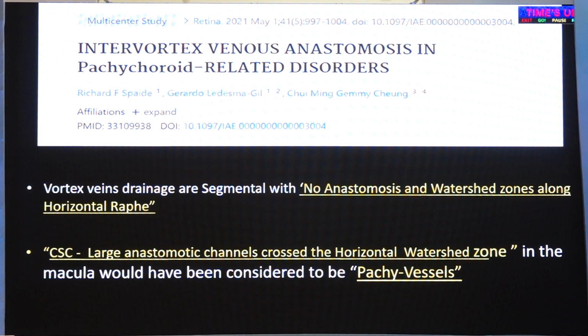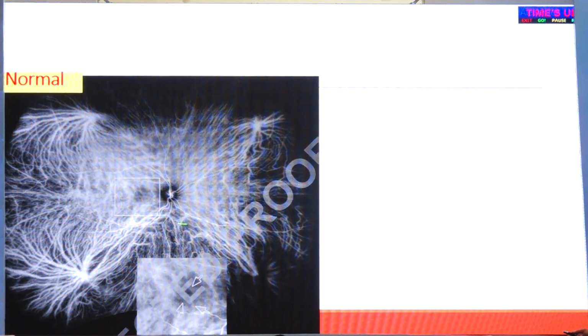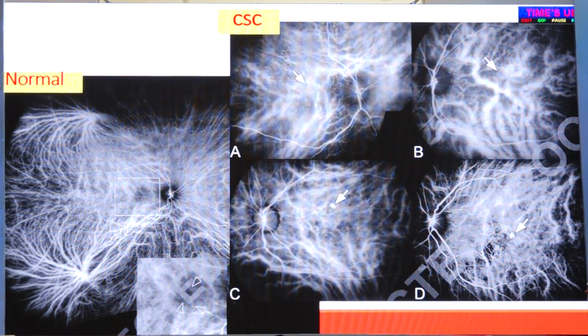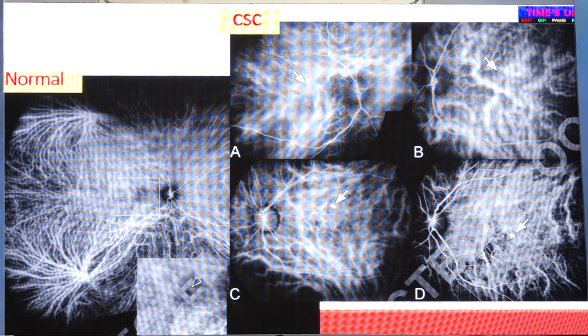So in this regard, it was shown first by Spaide and then others that in CSC, there is a breach of this horizontal watershed zone along the horizontal raphe, where there could be these large caliber vessels crossing the horizontal raphe and obliterating the watershed zone with intervortex anastomosis.